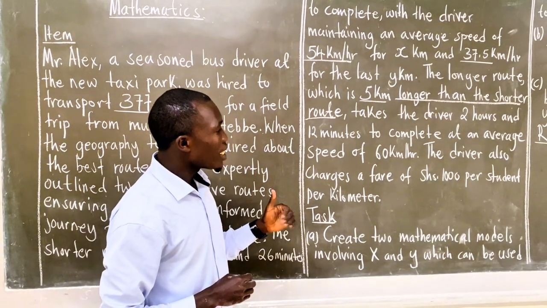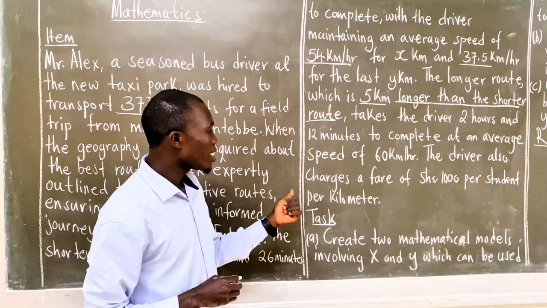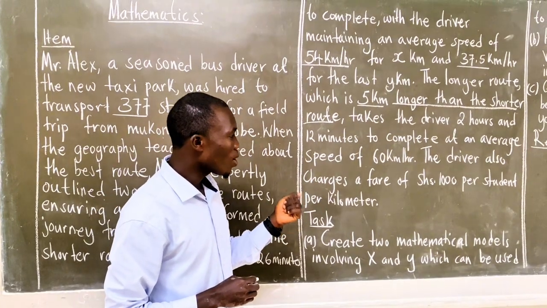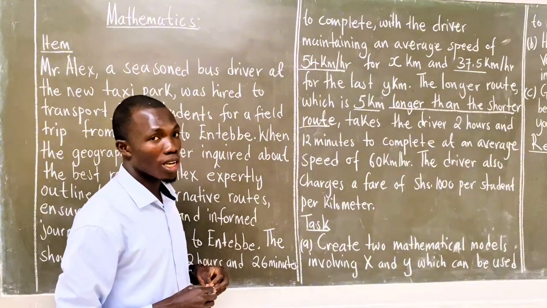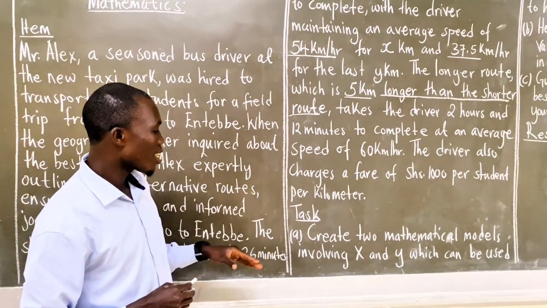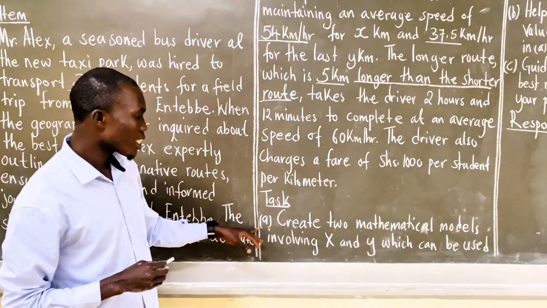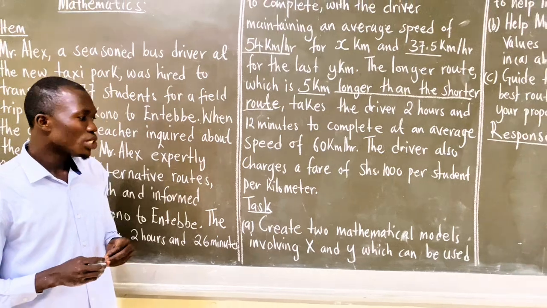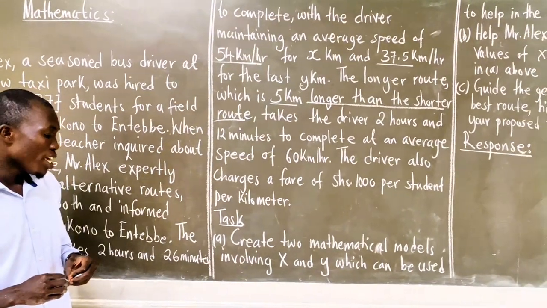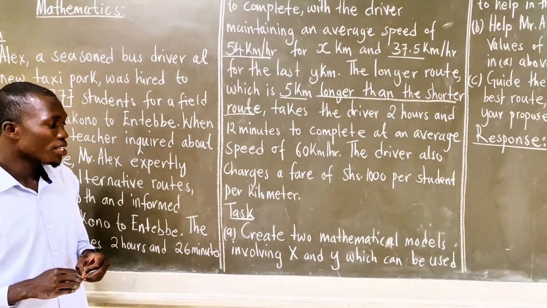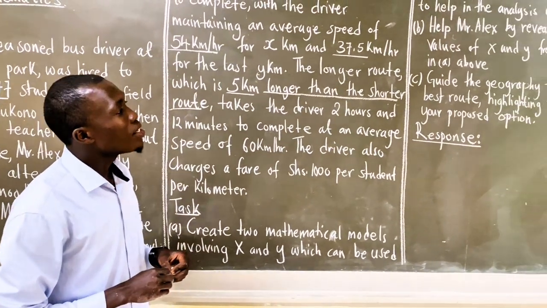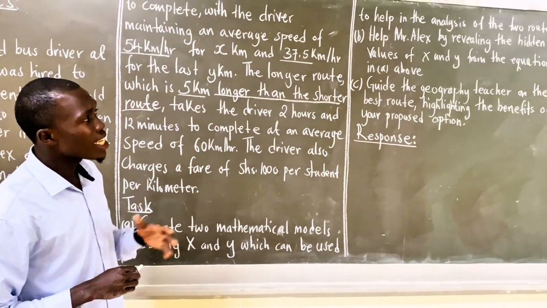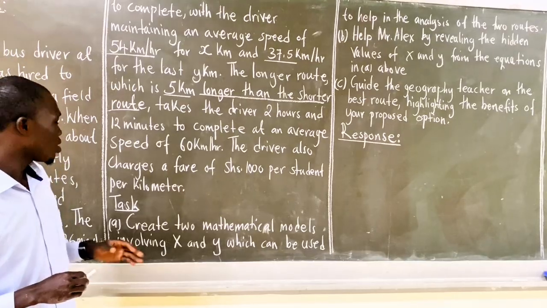And they are telling us that the driver also charges a fare of 1,000 shillings per student per kilometer. And now they are tasking us to create 2 mathematical models involving X and Y, which can be used in the analysis of the two routes.